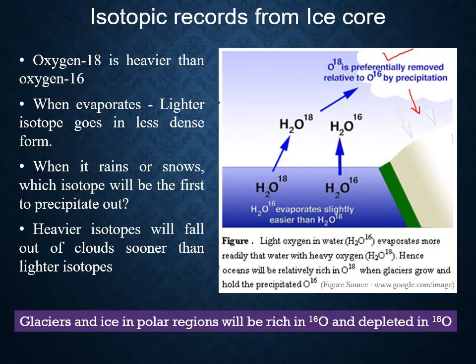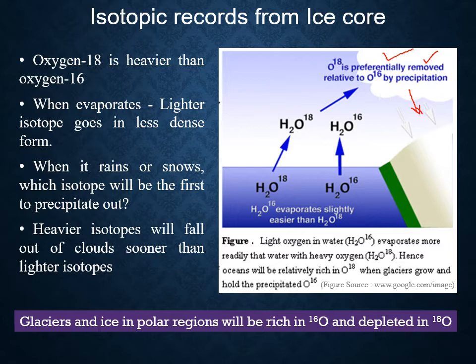So whatever amount of O16 and O18 is present in the cloud, in the water vapor, that is again disturbed with this precipitation around 30° latitude. So the cloud now becomes depleted in the heavier oxygen isotope.